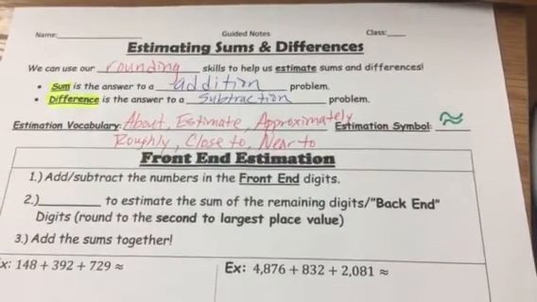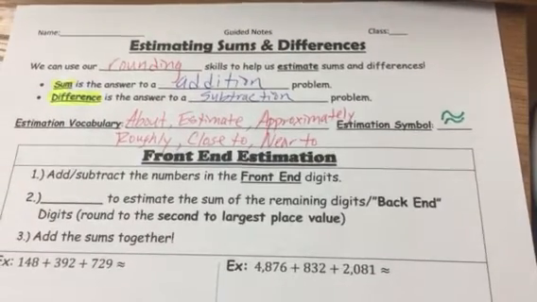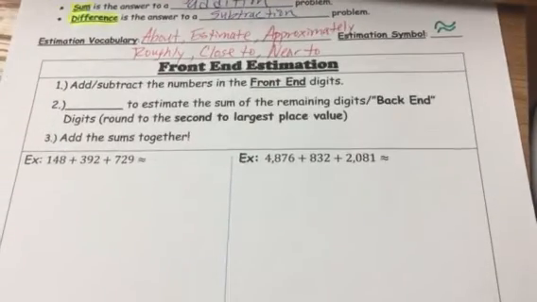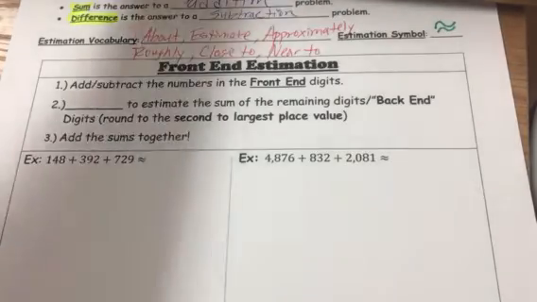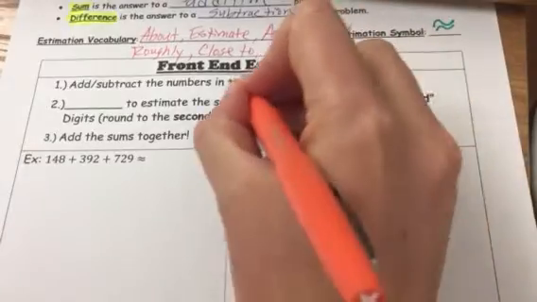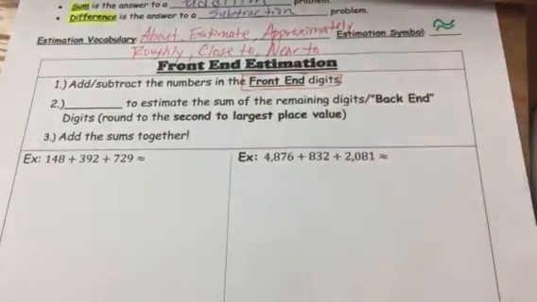So let's look at two forms of estimating. One of them ends up being a little bit more accurate than the other, but both are perfectly valid forms of estimating or rounding. We have front-end estimation, where we add and subtract the numbers in the front part of the number, the front-end digits first.